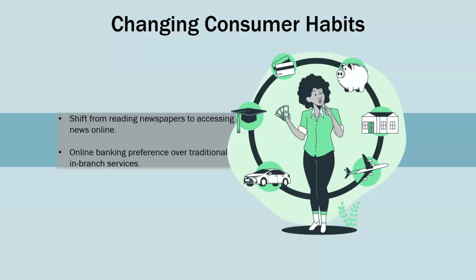All right. So back then, people used to go physically to do traditional in-branch services, right? Some people would go in to withdraw, some people would go in to check a balance. Nowadays, if you've got a mobile app, you are able to do that.